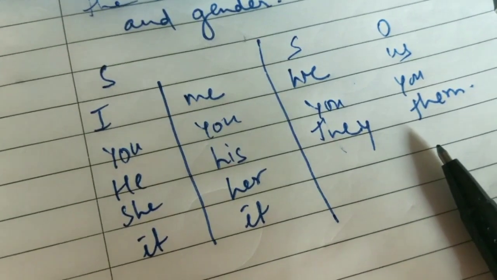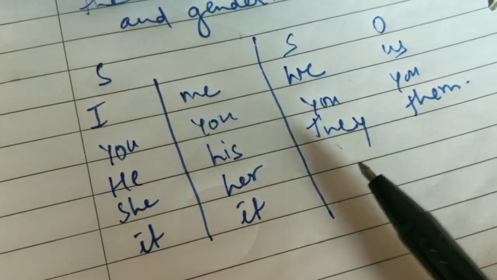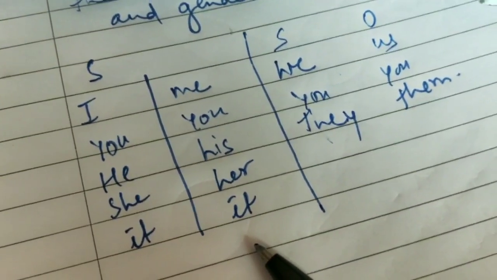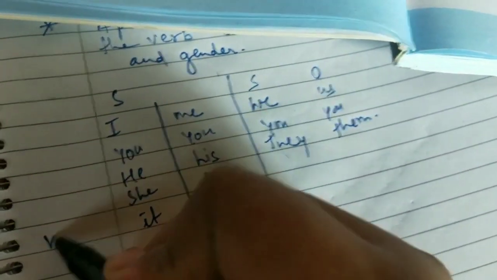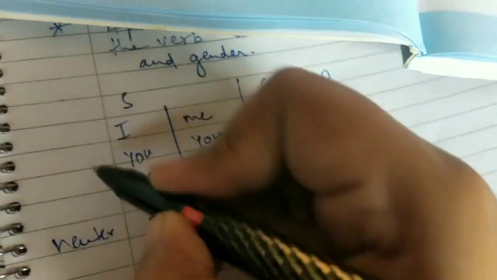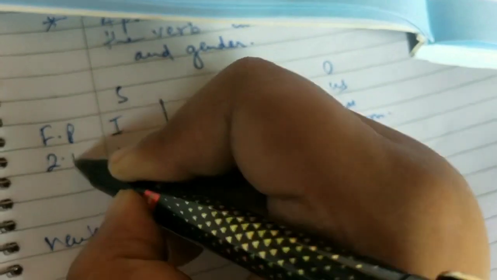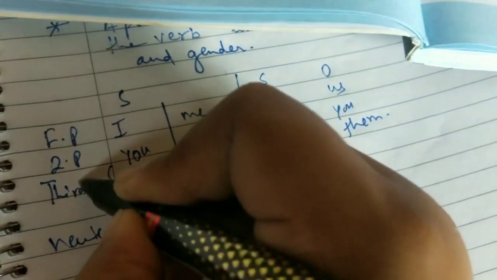So according to the personal pronoun, there are three persons: first, second, and third persons, and the genders are female, male, and neuter. So it is for neuter. This is first person, this is second person, and all the three, these are the third persons.